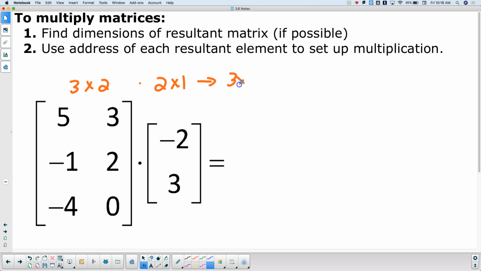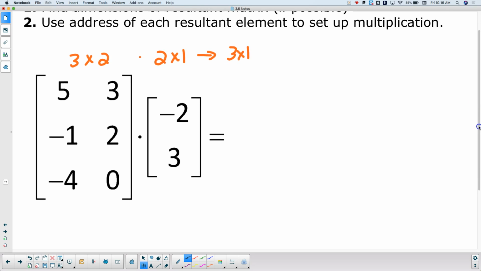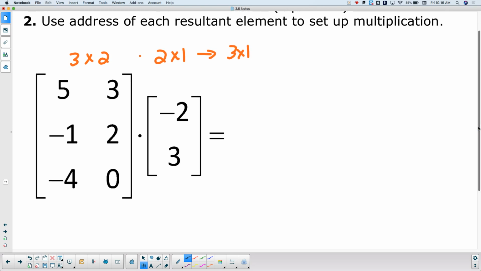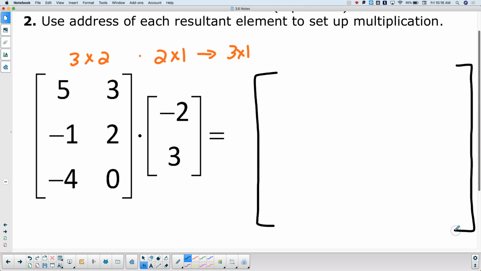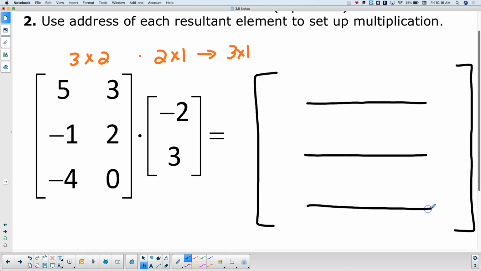So how I would go about this is I would make myself a large 3 by 1 matrix with blanks for the elements, because now that tells me I've got to fill those 3 element blanks.